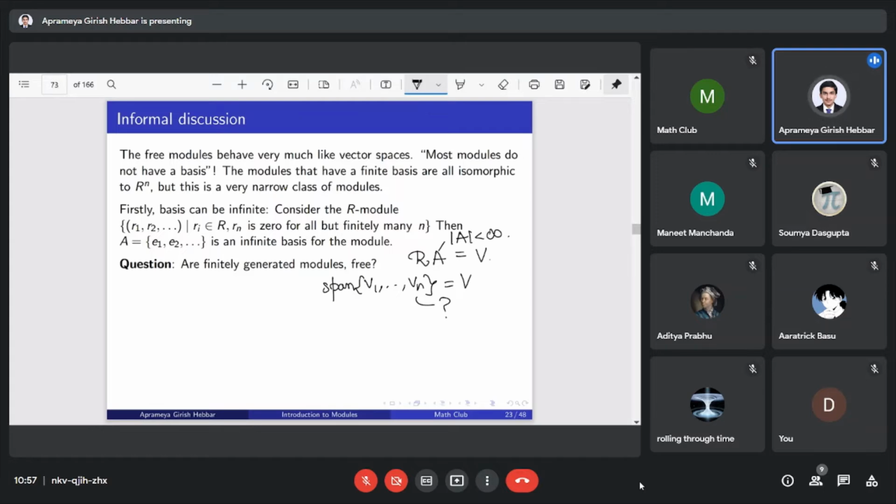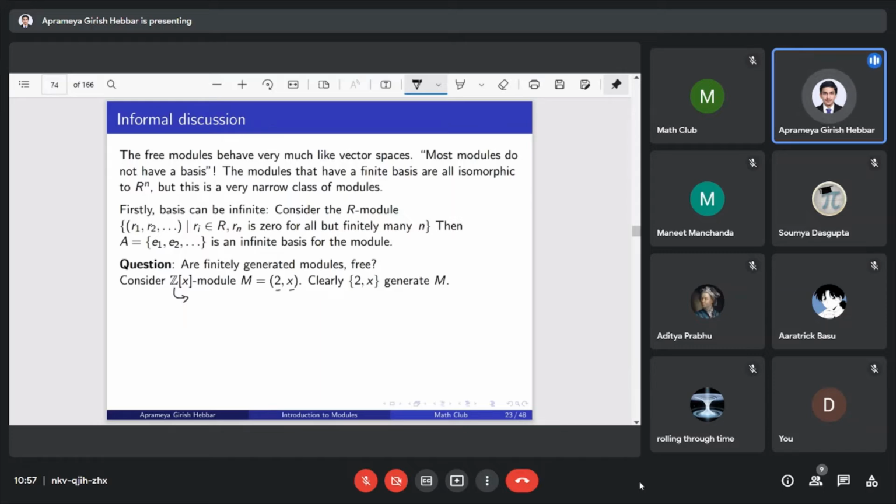In linear algebra, you would have seen a theorem that whenever n vectors span a finite dimensional vector space, you can reduce that to a basis. But this doesn't work in modules. So consider the module M. It is generated by two elements, 2 comma x. Again, Z[x] is the ring of all polynomials with coefficients in integers, and M is just 2 times p(x) plus x times q(x), where p, q belong to Z[x].